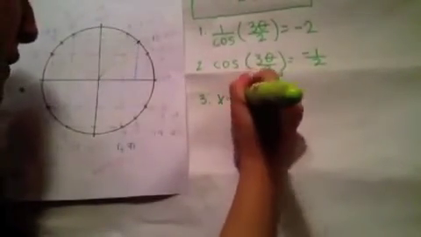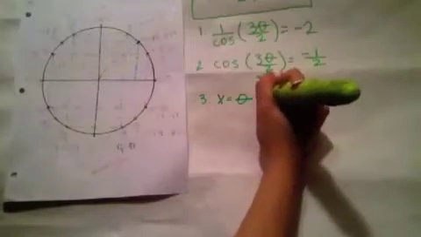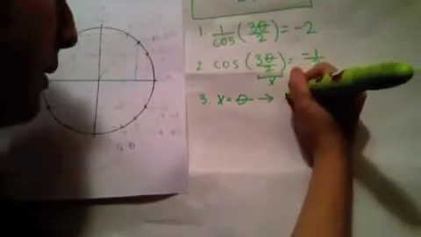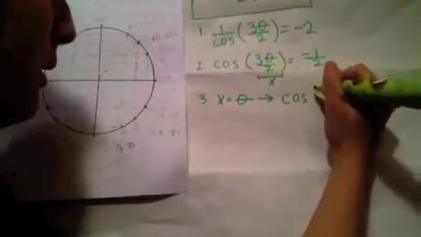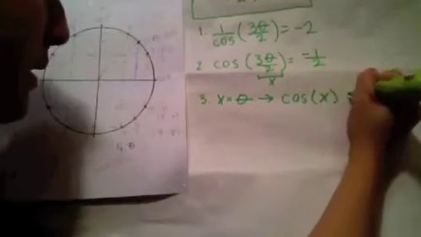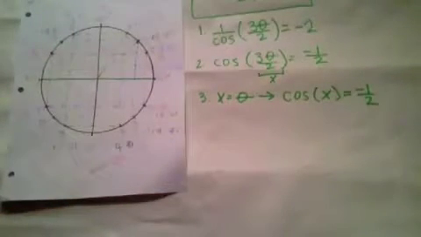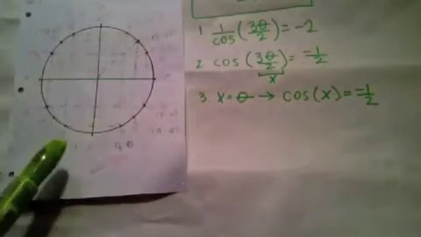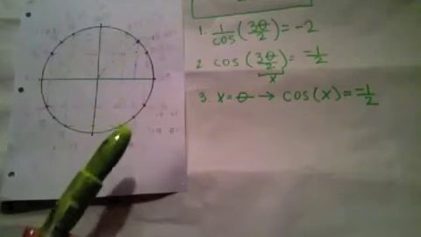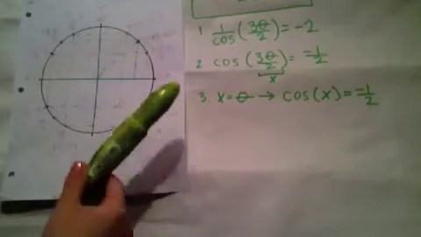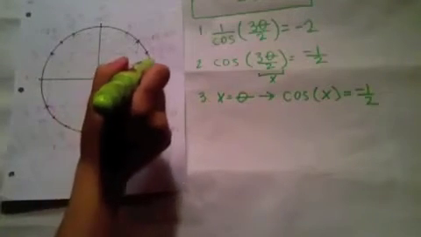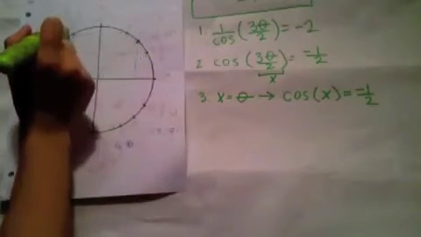So now we have, x equals theta. And then that'll look like cosine of x equals -1/2. Then we're going to look at the unit circle and look at where cosine equals -1/2, let's see, cosine -1/2 right here.